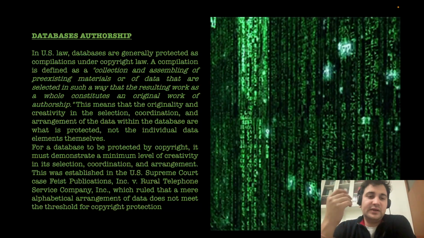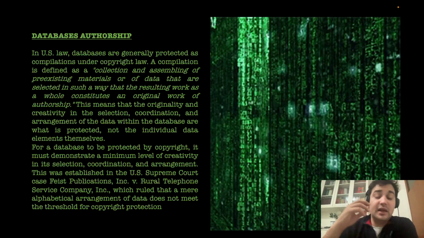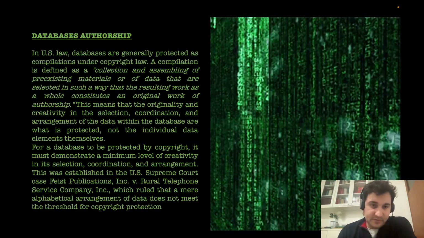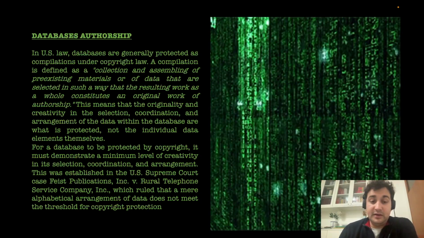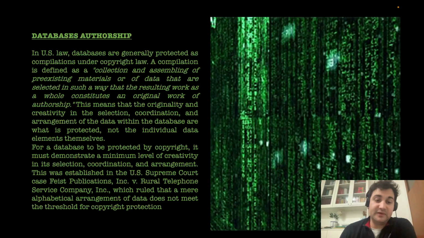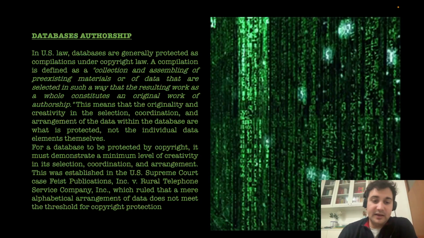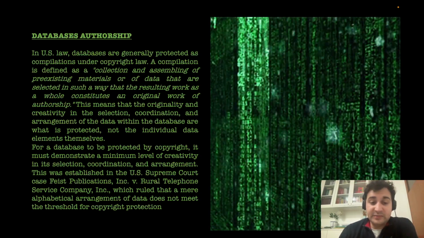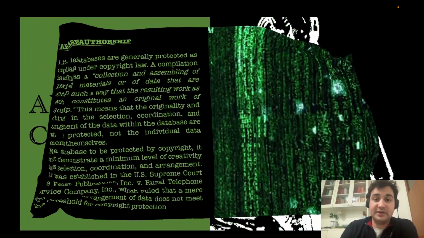The originality of the selection, coordination, and arrangement of data within the database is what is protected, not the individual data elements. There must be a minimum level of creativity, as we have seen in Feist Publications versus Rural Telephone Service Company, which ruled that even a mere alphabetical arrangement of data does not meet the threshold for copyright protection.